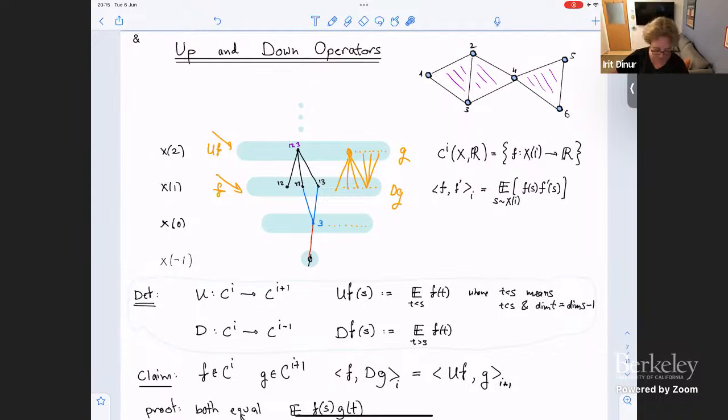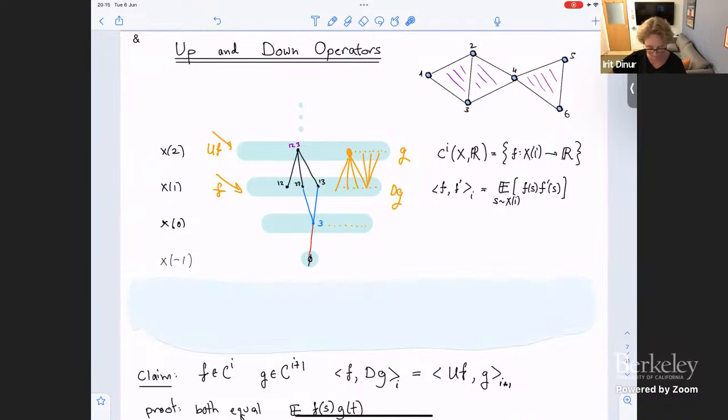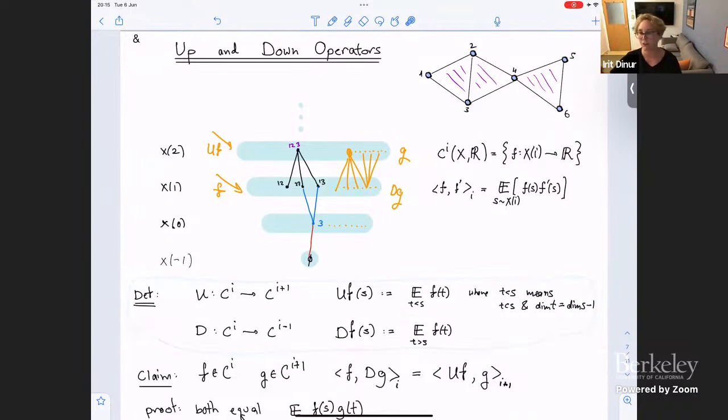Now I do the reverse operation. If I want to know what Df evaluates to at a point S, I need to look at all the faces T that are just one above S. So if I want to know what Df is at some vertex, and my function f was on the edges, then I just average the 4 values given here.